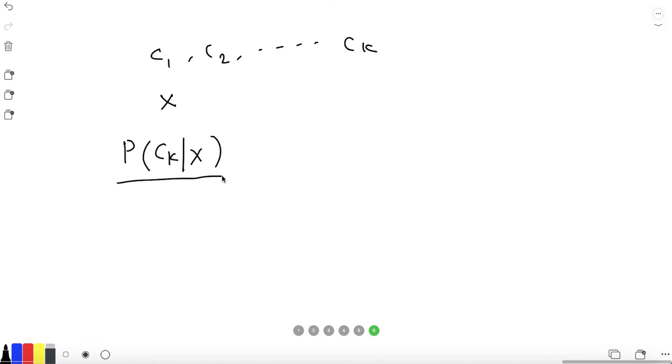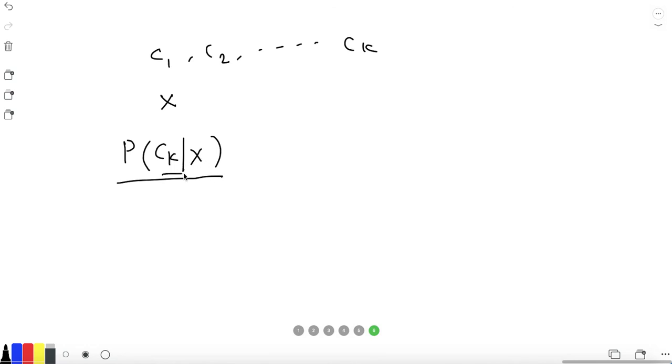What we are given are classes C1, C2 up to Ck, and we were given the data point x. The question was to which class this data point x will belong. For that, we found the probability of each class Ck given x, and for whichever class this probability is maximum, x will belong to that class.